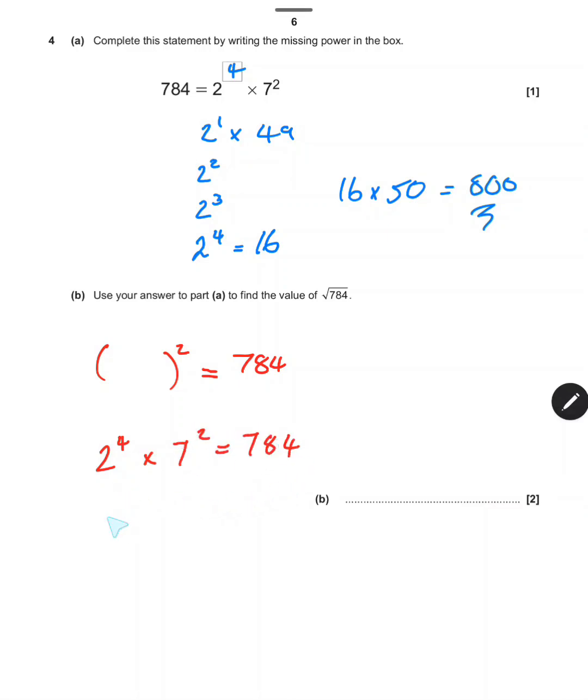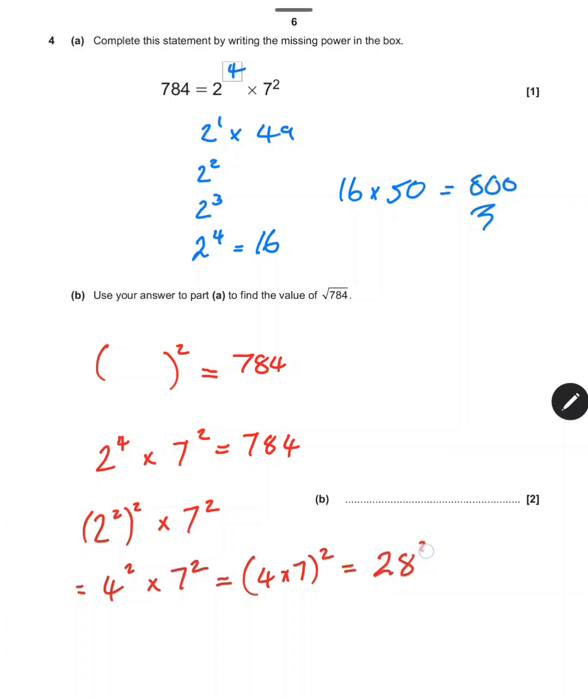If I just rewrite 2 to the power of 4 as 2 squared times 7 squared, and what that is, 4 squared times 7 squared, and 4 squared times 7 squared is the same as 4 times 7 all squared, and that's 28 squared. 28 squared will be 784.